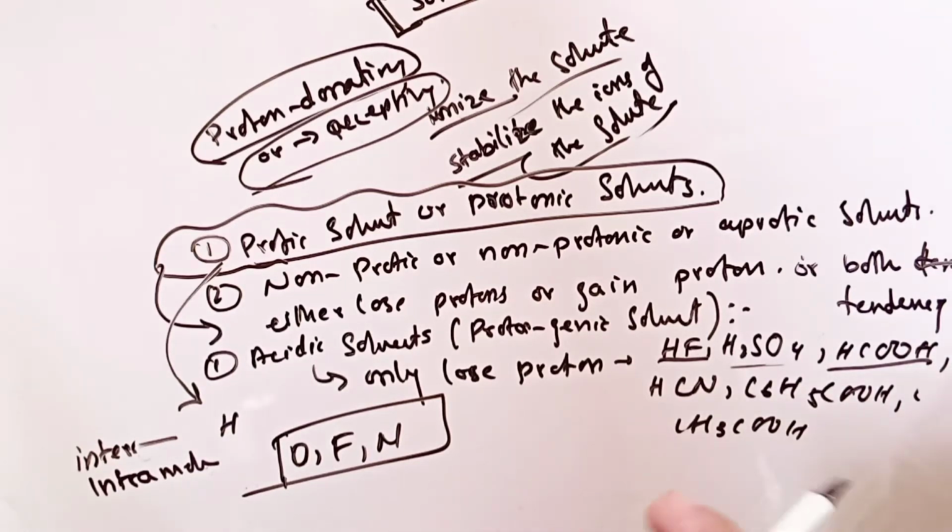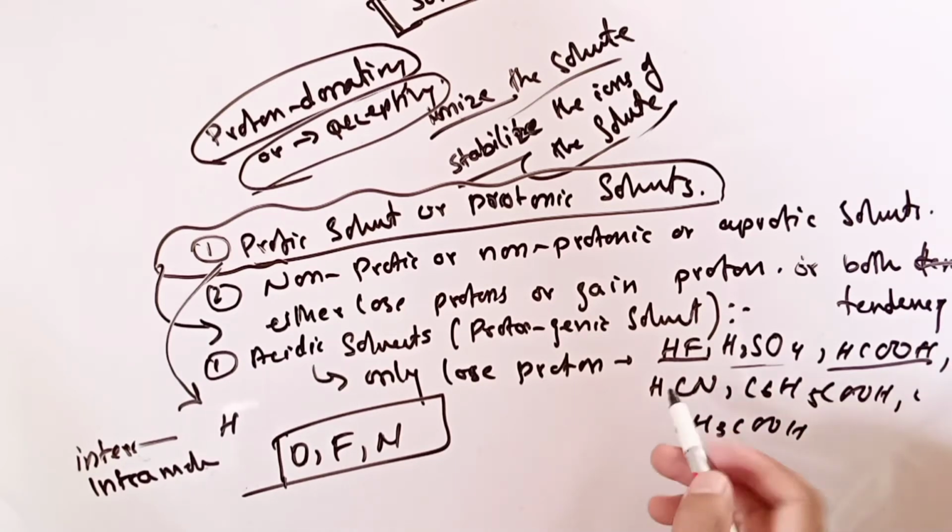So those species that have the capacity to make hydrogen bonding will act as protic solvents, whether they are acidic, basic or amphoteric solvents. All of these should have the capacity to make hydrogen bonding.